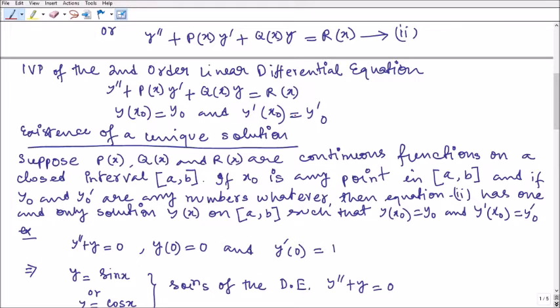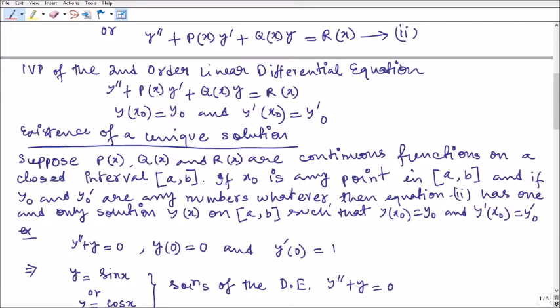In this case, for a second order differential equation, we also have to calculate the unique solution for a second order linear differential equation, because a second order differential equation can have more than one solution. We will discuss several examples about it.